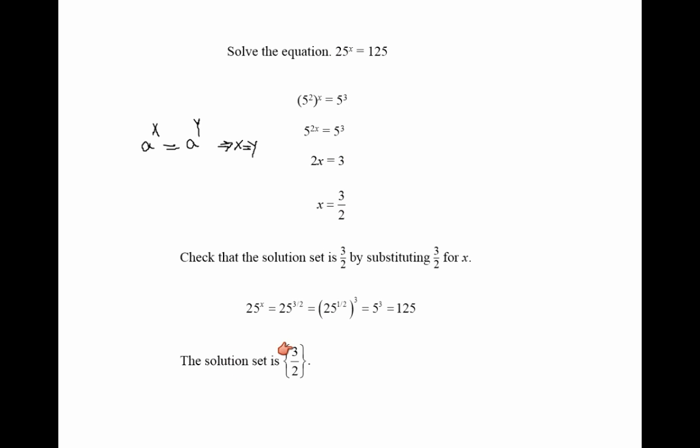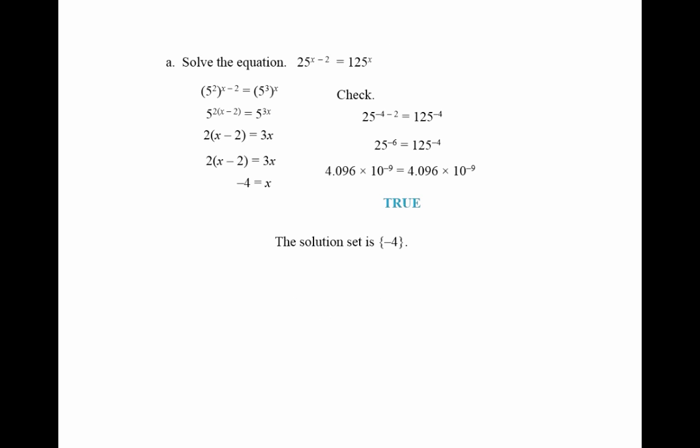So the goal here is to make the base the same where it's possible. Solve the equation 25^(x-2) = 125^x. In this case, I can write 25 as 5 squared and 125 as 5 cubed.